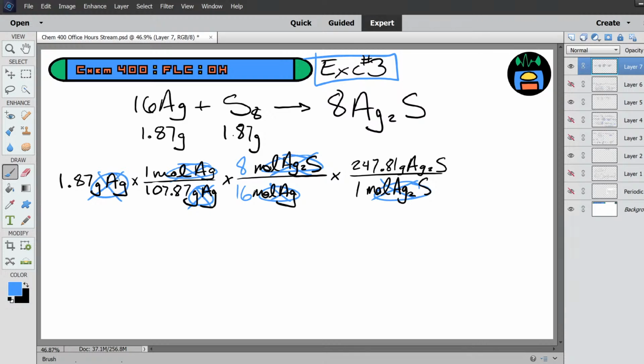So 1.87 divided by 107.87 times 8 divided by 16 times 247.81.